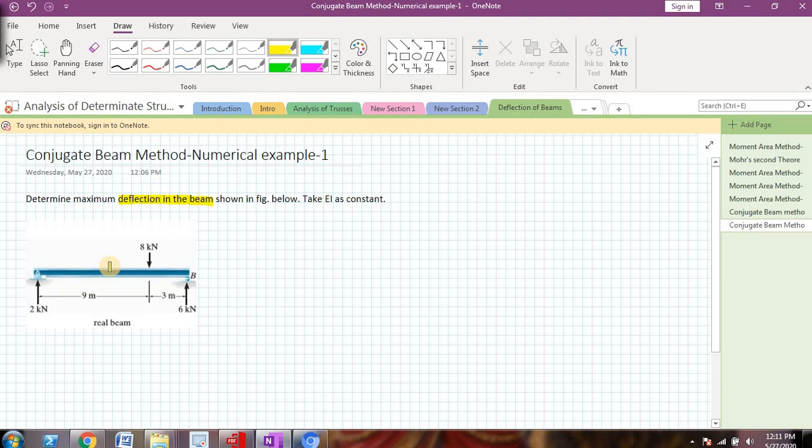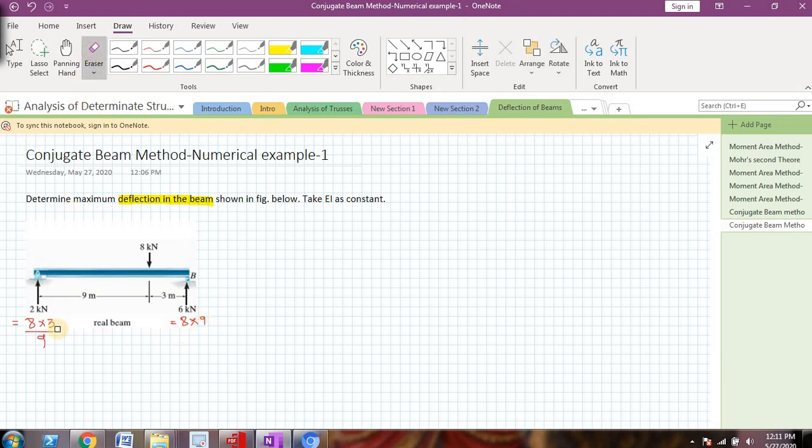Now first step what we'll do is we'll try to find out these reactions, which you can easily do. I will just quickly tell you how you can find these reactions. So this is nothing but 8 into 3 divided by 9, and this reaction you can find as 8 into 9.